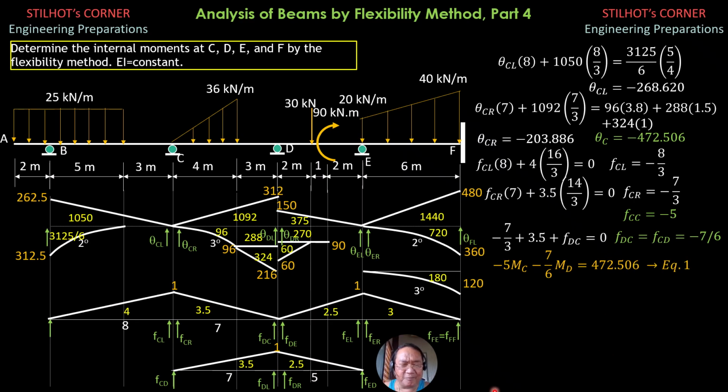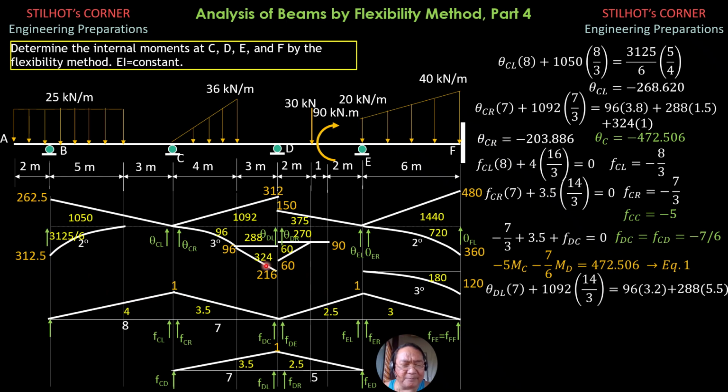Then we proceed by computing theta D. So theta D left first, summation moment at the left C. So theta D left times 7 plus 1092 times 14 thirds equals 96 times 3.2, because this is 4 over 5.8. 4 minus 0.8 is 3.2. 288 times quantity 7 minus 1.5, so 5.5, the moment arm of 288.